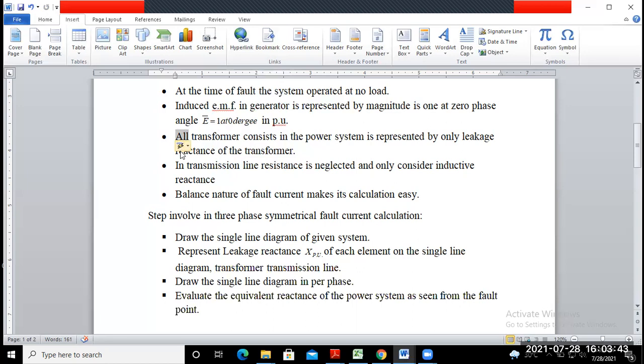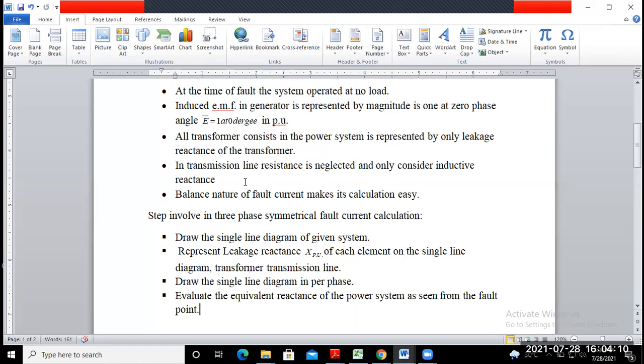Next, the transformer involved in the power system is represented only by the leakage reactance of the transformer, wherever you draw the single line diagram of the power system. Similarly, for the transmission line representation, you only consider the inductive reactance.